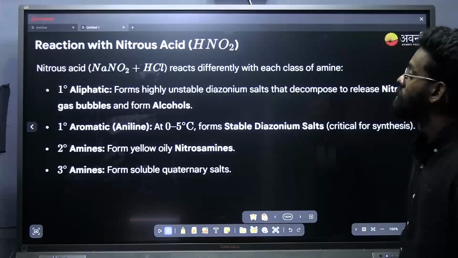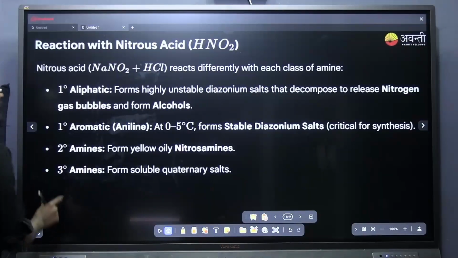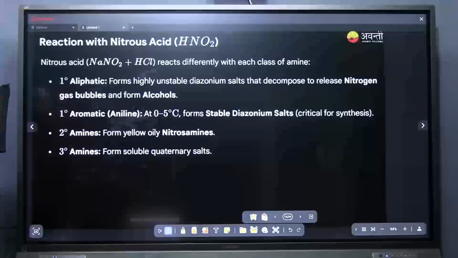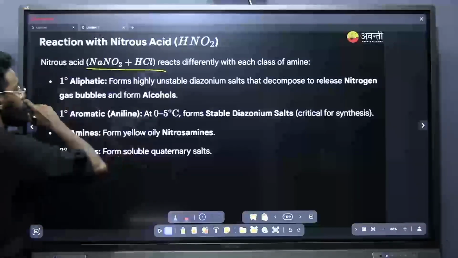Now the next one is reaction with nitrous acid. Reaction with nitrous acid will also help you understand whether it is a primary, secondary or tertiary amine. How can we understand this? Nitrous acid is formed by treating NaNO2 plus HCl.